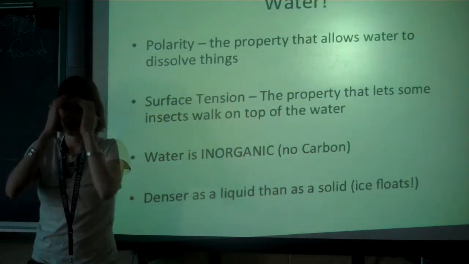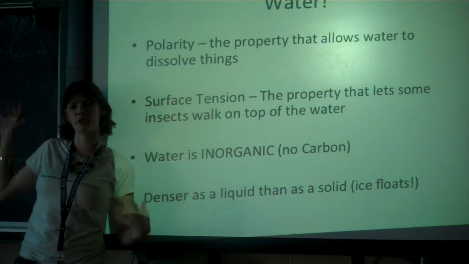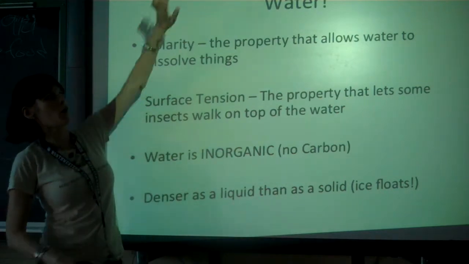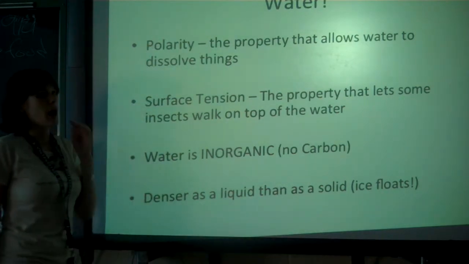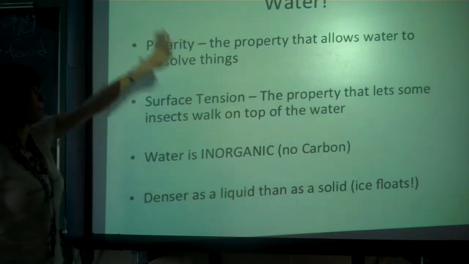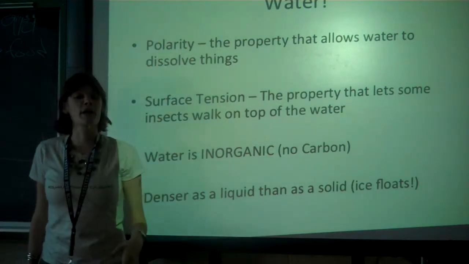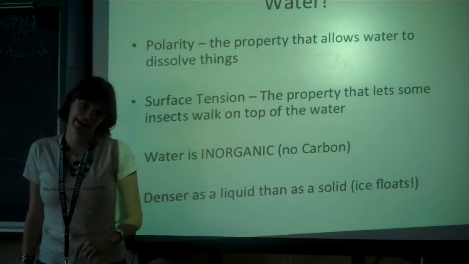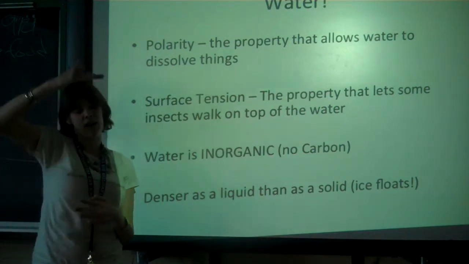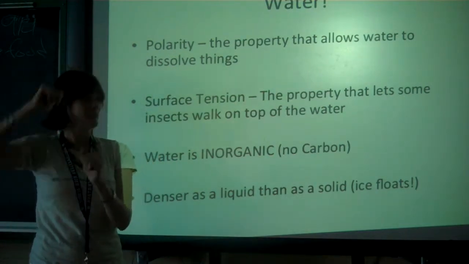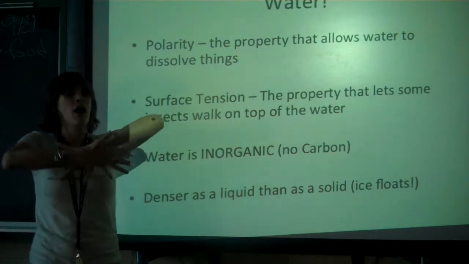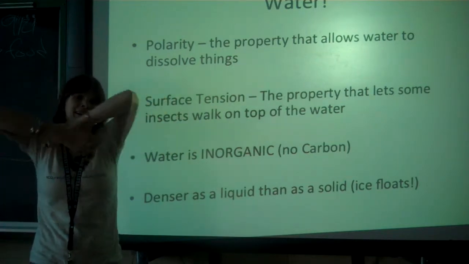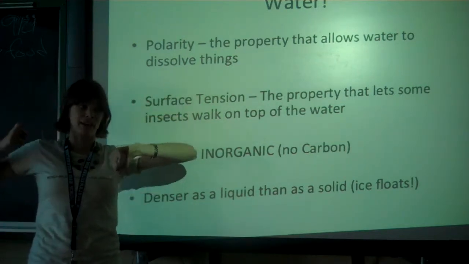Let's change gears. Remember our favorite molecule, H2O, or water. There's a couple of things you need to remember about water. One, water has a property called polarity. Polarity means water has a positive end and a negative end. This is what lets water dissolve things by tearing them apart on an atomic level.